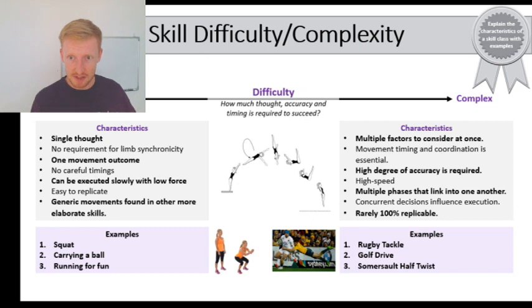Whereas with a complex skill, the performer is thinking about lots of different components of this skill, different links or triggers or cues. Lots of different things have to happen in a sequence or an order or at the same time. So you're almost running two lines of thought, making sure two parts of the skill happen correctly.